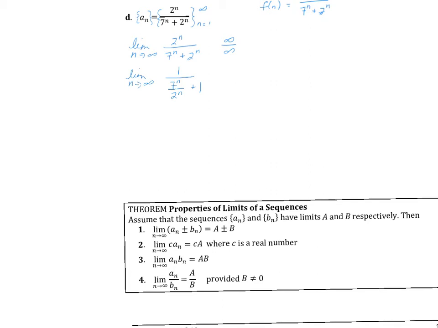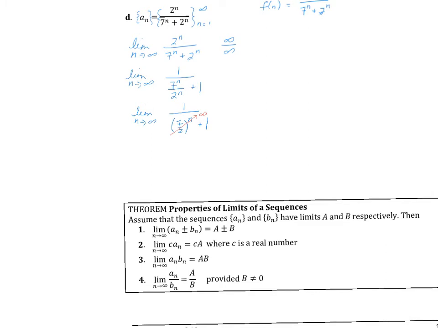And now it gets a little bit tricky. A lot of people say, oh, this is a fraction in the denominator, where the exponent is going to infinity. So it's just going to be equal to 0, but that's not true, because 7 over 2 is greater than 1. So as n goes to infinity, 7 over 2 to the n is also going to go to infinity.